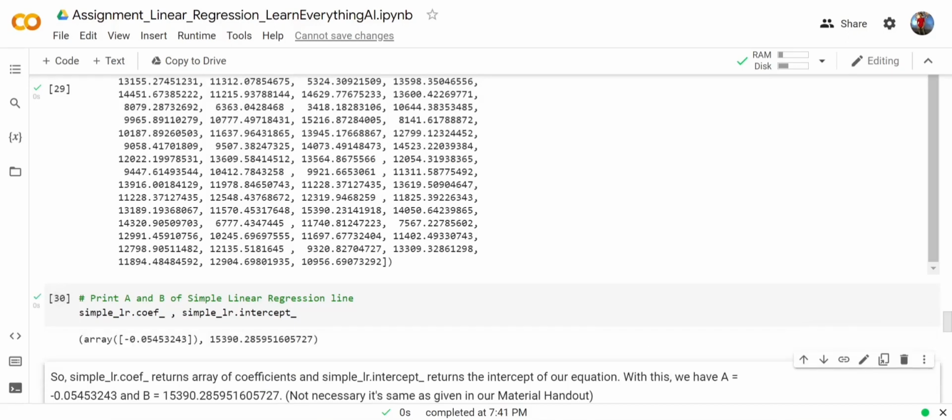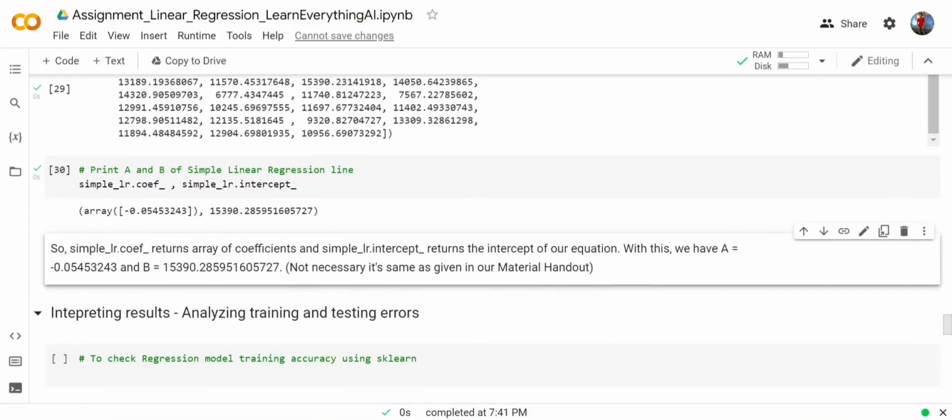So we get a simple LR coefficient of minus 0.05 and an intercept of around 15,390. So we have the value of the slope as minus 0.05 and the intercept is 15,390.